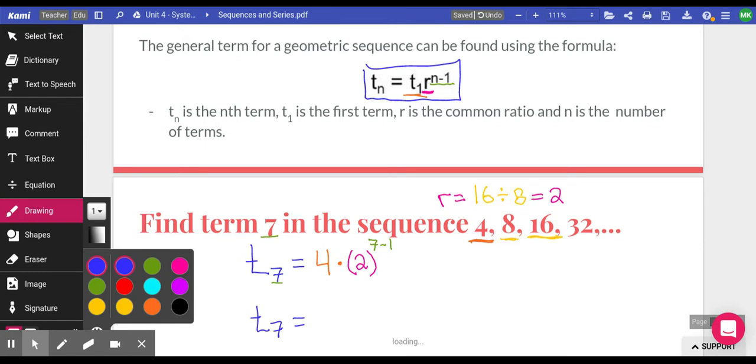Make sure you're doing 2 to the power of 6. You don't want to do 2 to the power of 7, get 128, and then subtract 1 from it. Instead, you want to do 2 to the power of 6, because that's what 7 minus 1 equals. Then multiply that by 4, and you get 256. So your 7th term is 256.